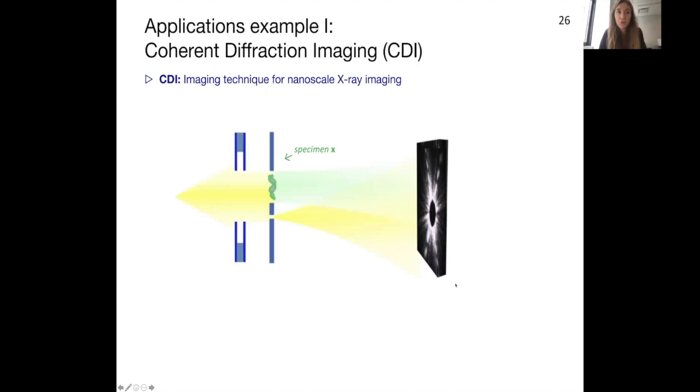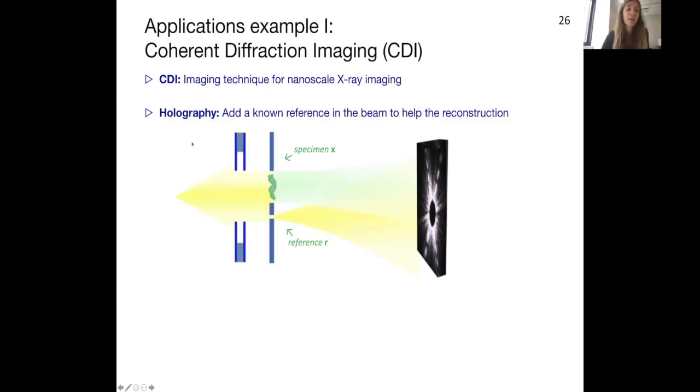Here we focus on the holographic setting, where we add a known reference in the beam to help the reconstruction. Another thing that makes reconstruction difficult is the beam stop mask, which masks the highest intensity pixels in the CCD to protect it, because those are several orders of magnitude larger than the intensity of the rest.